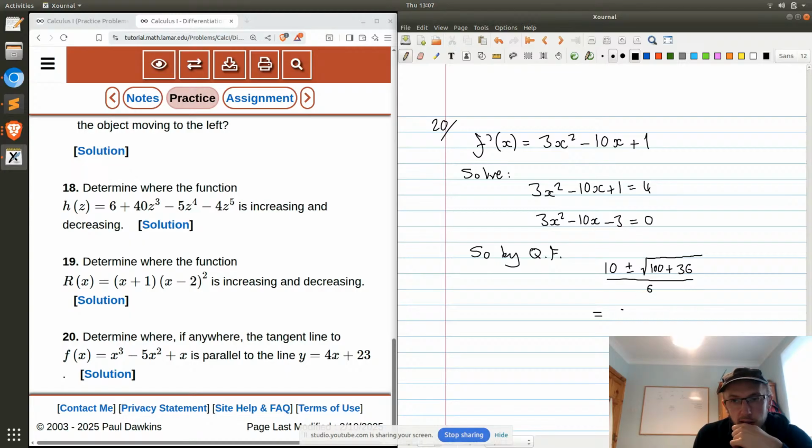Which is root 136. So that's 78. That's 39, isn't it? 39. 39. It's 39. All right.